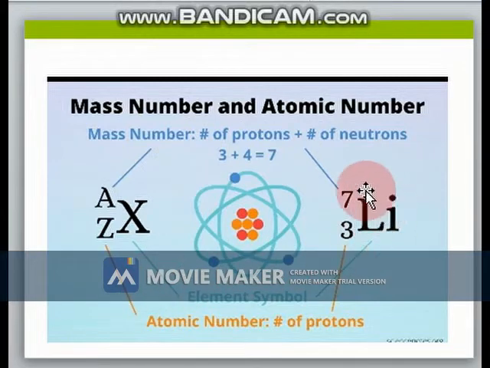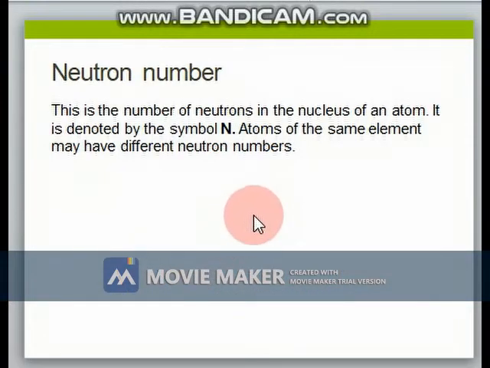So we have lithium with the number 7 as the mass number, where there is the 3 here, and then the proton number is 4. So it makes the mass number 7. So the atomic number is 3 plus that 4. So that is what we have here. We'll pause here and then continue on the next slide.